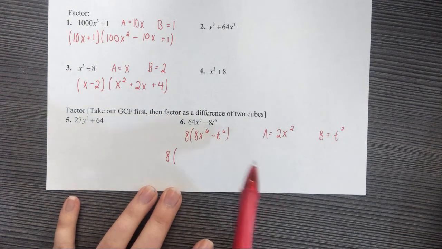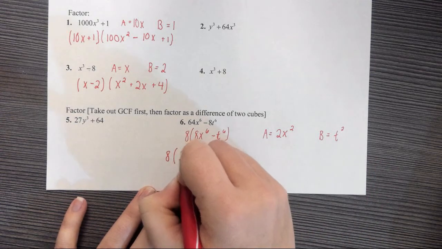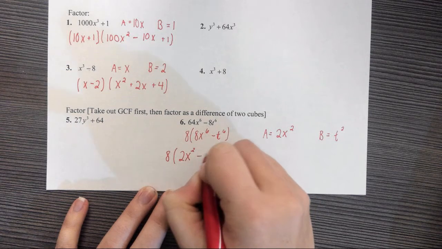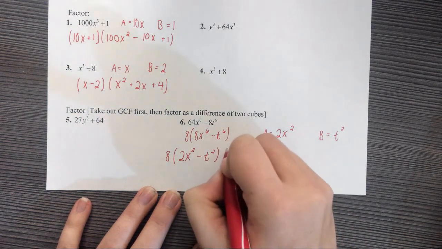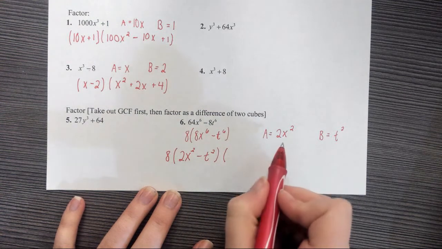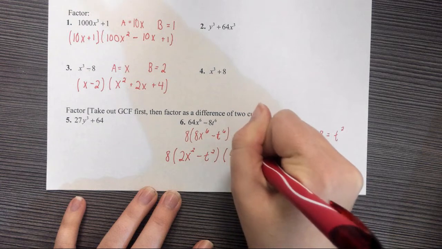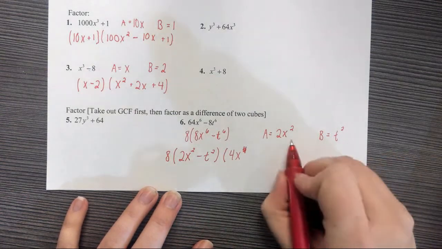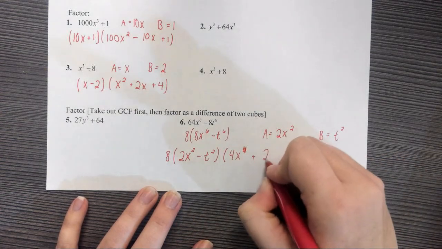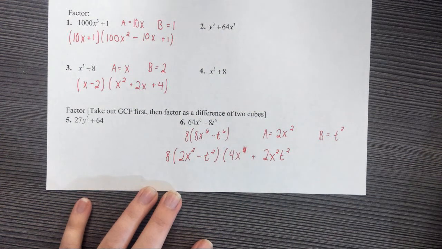And then I can follow my difference of cubes rule. So I'm going to have a minus b, which is 2x squared minus t squared. And then I'm going to have a squared, so that's going to be 4x to the 4th, plus a times b, so that's going to be plus 2x squared t squared.